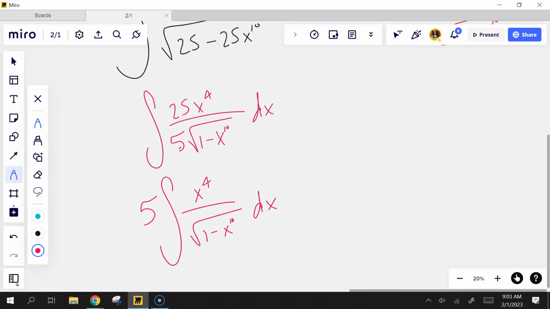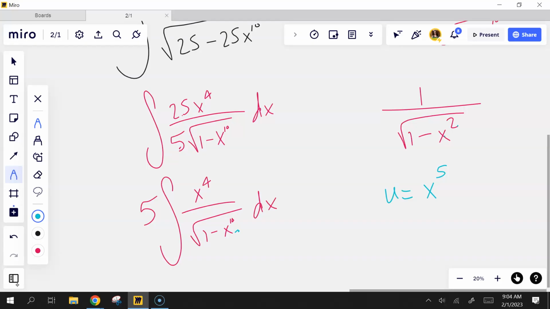Now, if I let my u be, now remember the pattern. The pattern I'm trying to get it to look like is this. So what should u be? X to the 5th, not x to the 10th, because that would just be 1 minus u. I need it to be 1 minus u squared. So I'm going to let u be x to the 5th.